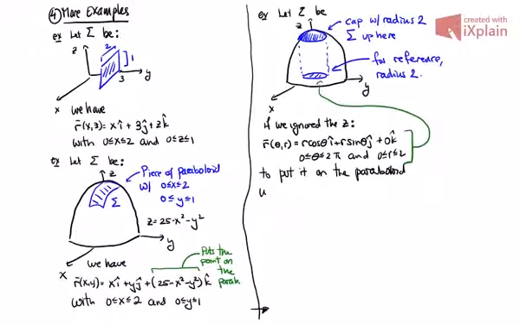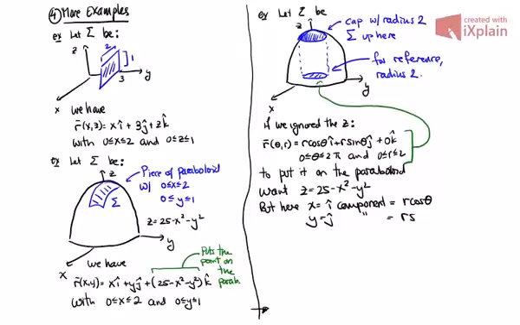And what we want is, we want z to be 25 minus x squared minus y squared. But we don't have x and y anymore. We have the things that went in for x. And so here, x is the i component, which is r cosine theta, and y is the j component, which is r sine theta.